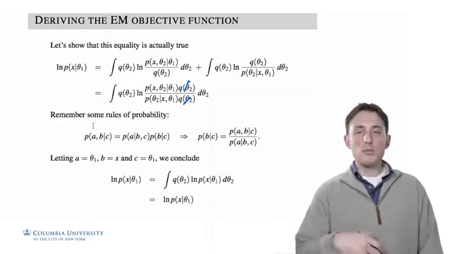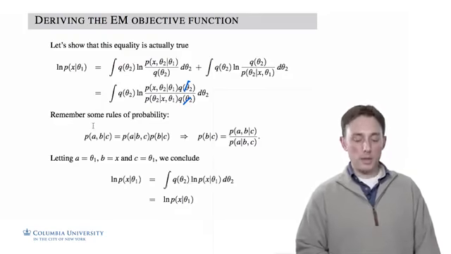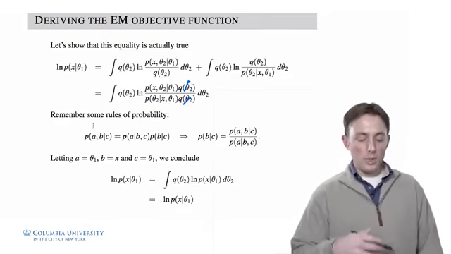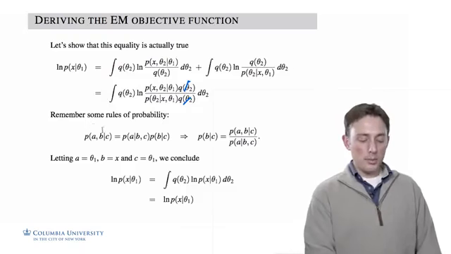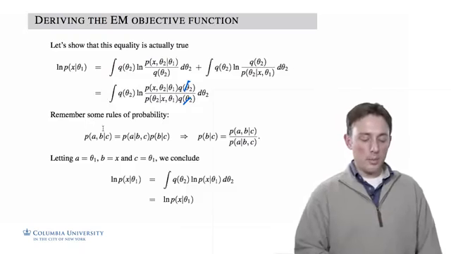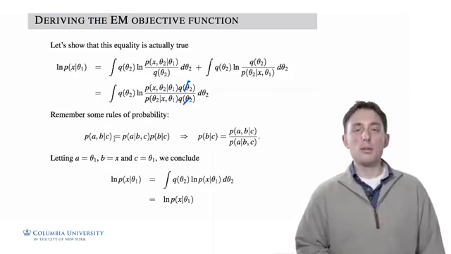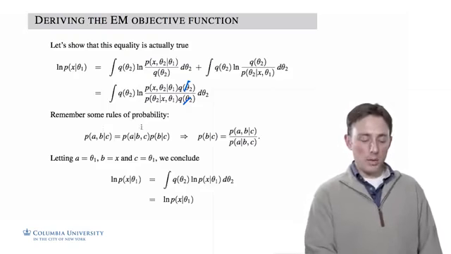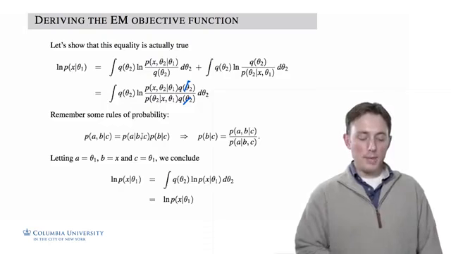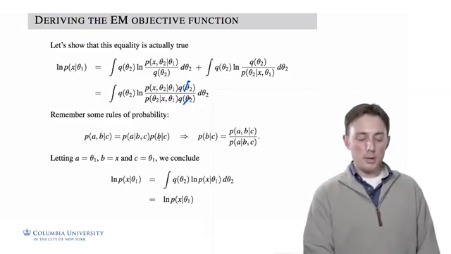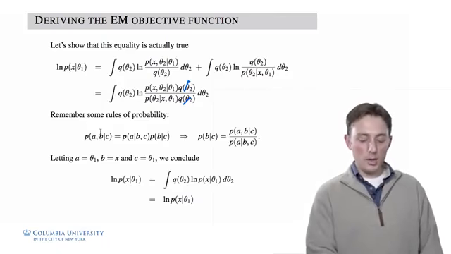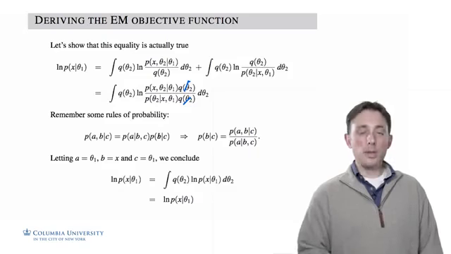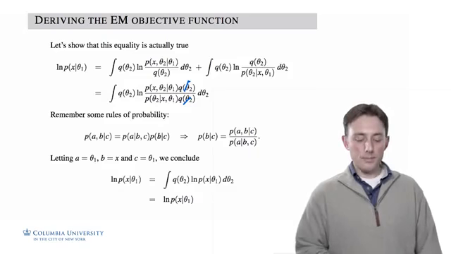Next, let's remember some rules of probability. We saw in a previous lecture that if we wanted to find the probability of A and B given C, we can equivalently write that as being equal to the probability of A given B and C times the probability of B given C. So we can write this joint probability as a conditional probability times another conditional probability.